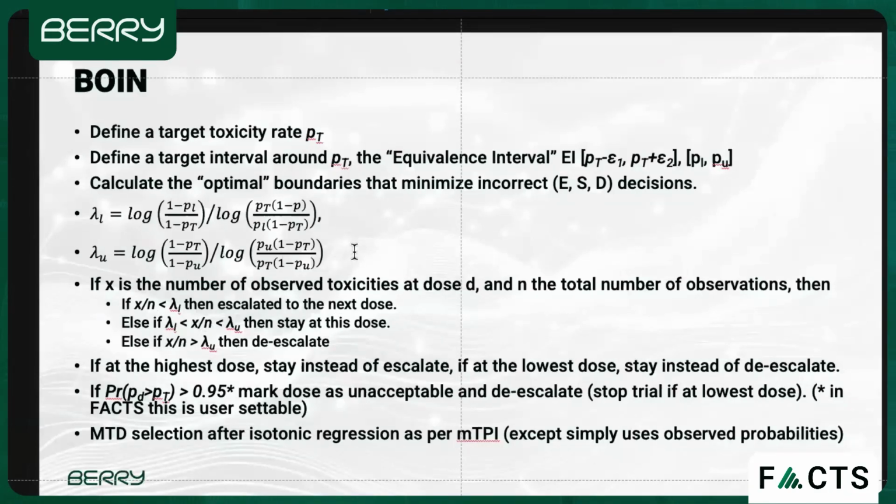But what it does do is modify the boundaries of the interval that you're actually testing against, rather than testing against the target probability minus eta 1 or target probability plus eta 2, which, for the sake of this equation, I've rechristened P lower and P upper, PL and PU.